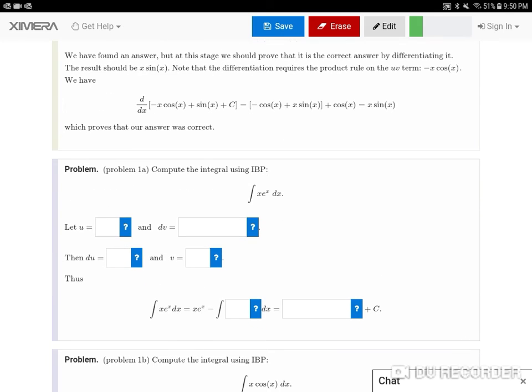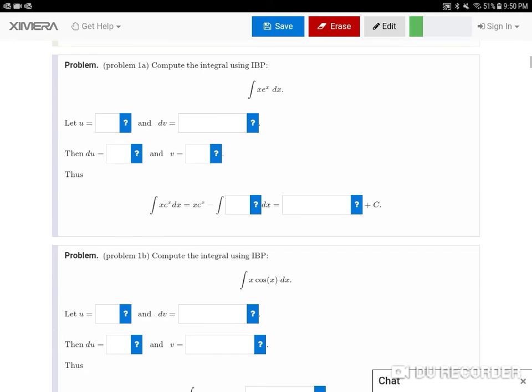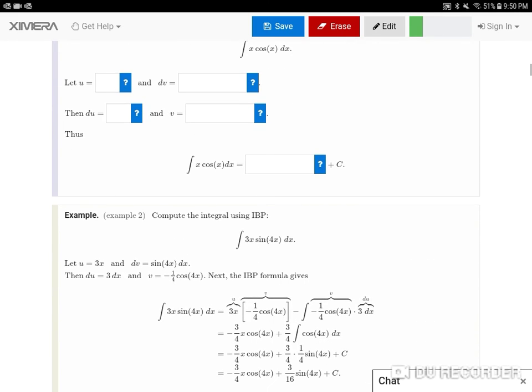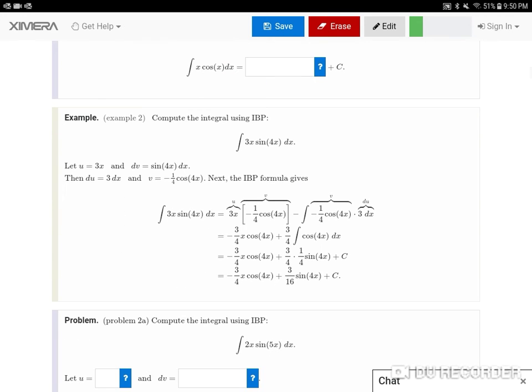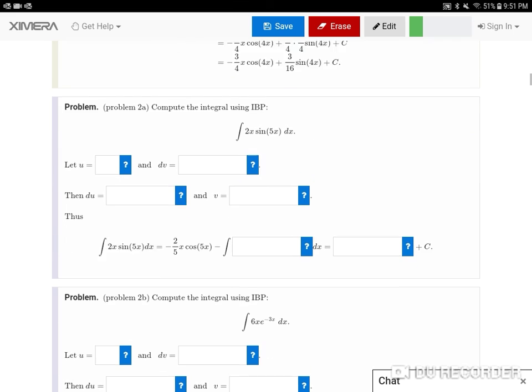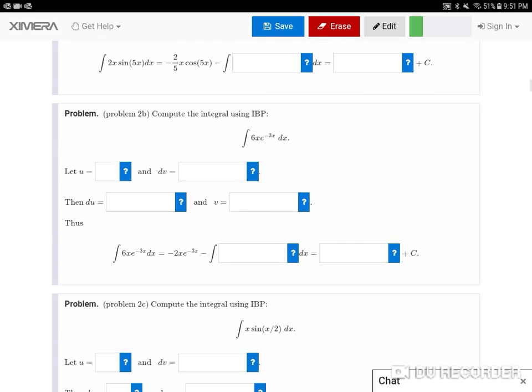We also had a few examples that we did in class. Please read those. And this is another one that has some numbers in front of x. The process is similar, but we have to be careful with the numbers. When we do the antiderivative of sine of 4x, it gives us minus 1/4 cosine of 4x. It's just bookkeeping.